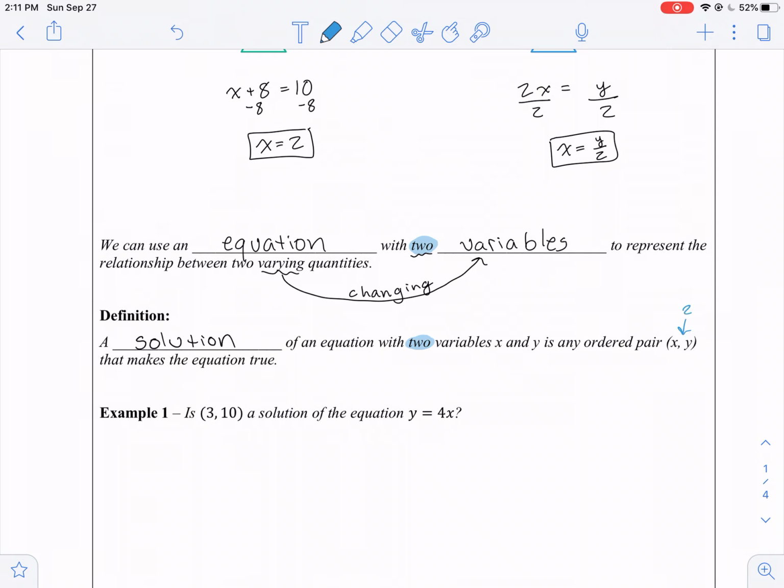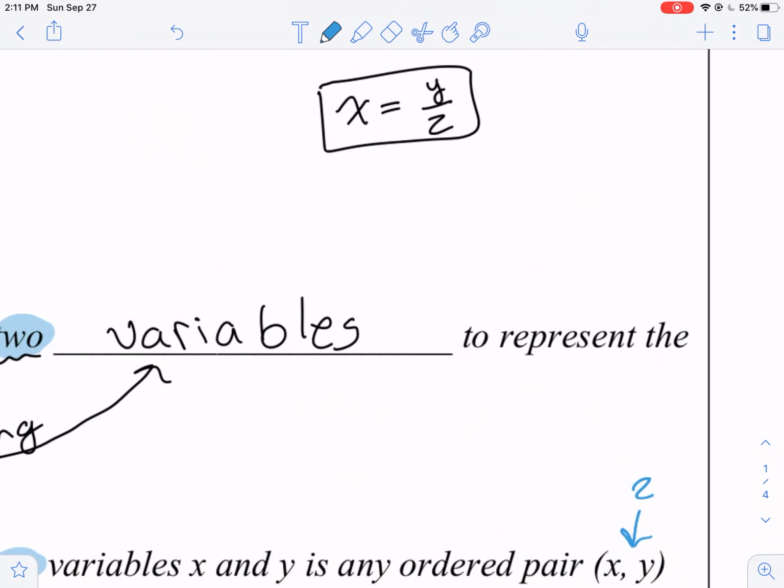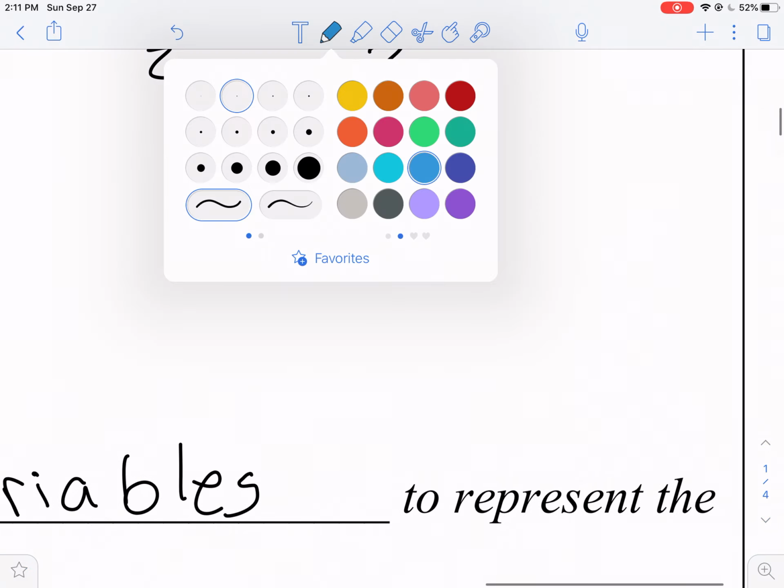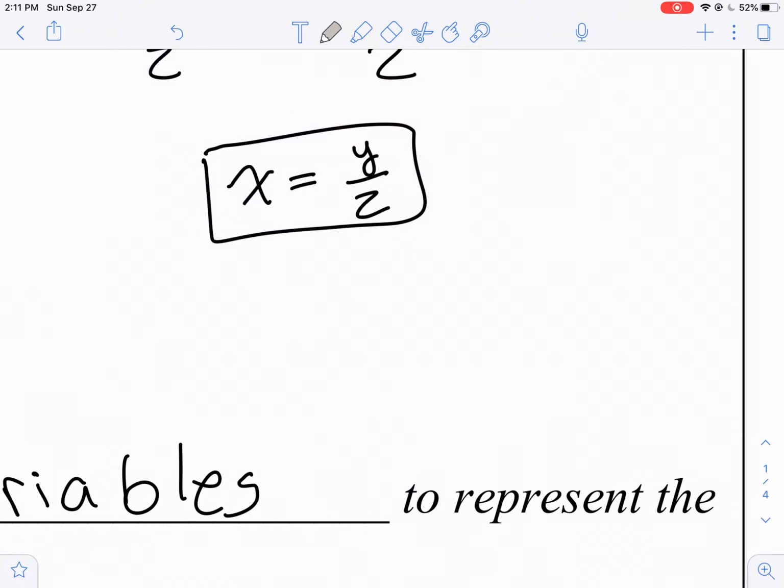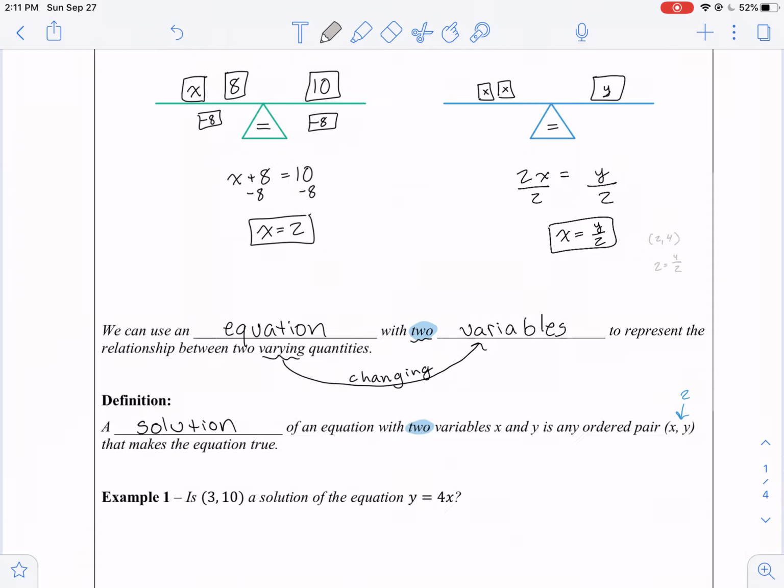Isn't that so cool? I think it's cool. For example, if we looked at this guy, a solution to this equation would be like (2, 4). Because here our x is 2, so we say 2 equals 4 over 2. That fits. That would be a solution.